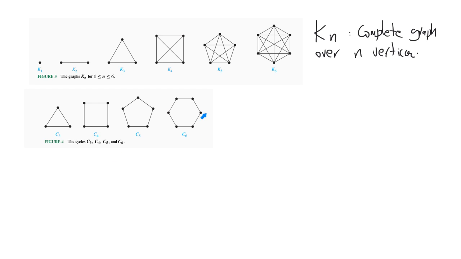And these graphs are called cycles. So clearly every vertex has degree 2, in undirected graphs. The K_n's are also undirected.